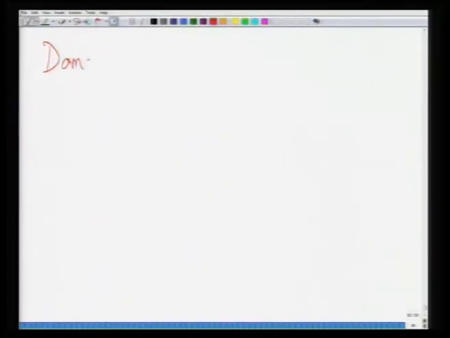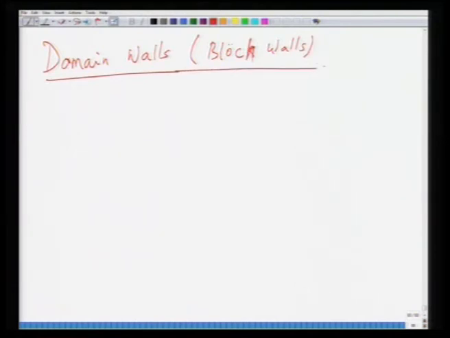In magnetic materials, the domain wall has a slightly different nature, and these are often called Bloch walls, after F. Bloch, who in 1932 proved that magnetization cannot change discontinuously at the domain boundary.